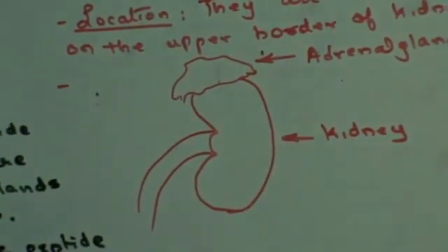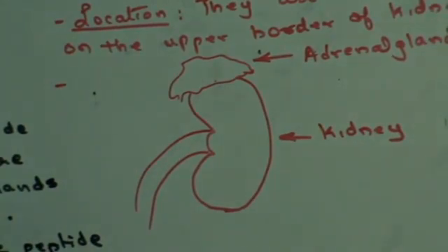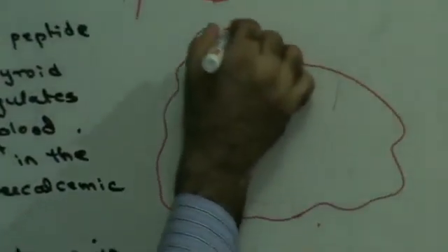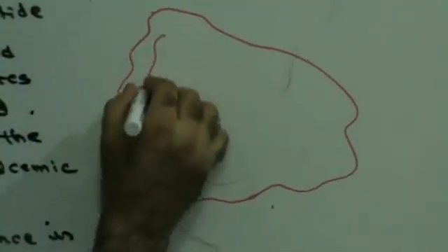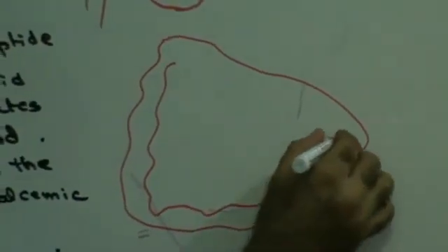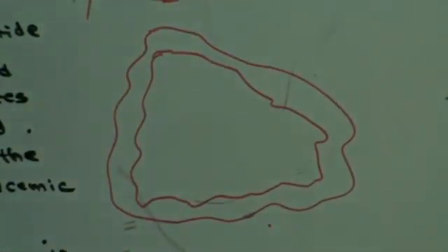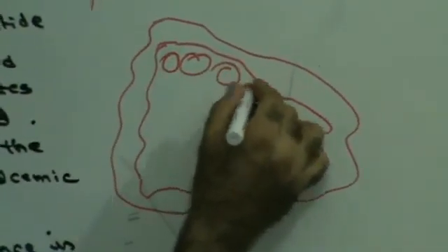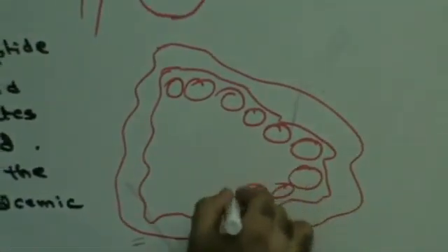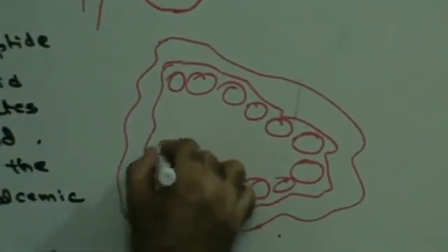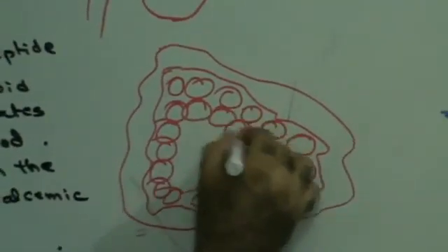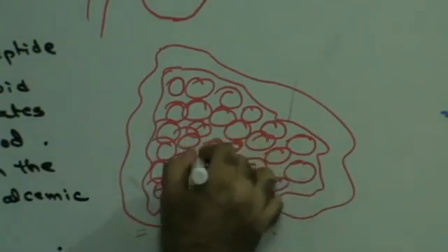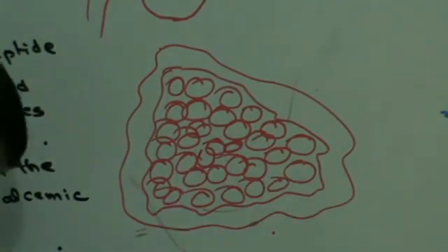Now, the adrenal gland is made up of two regions.